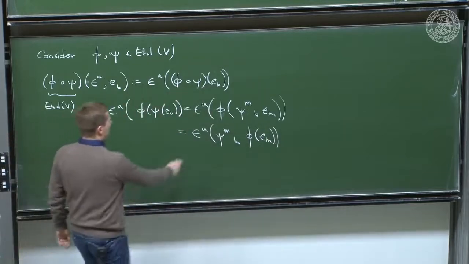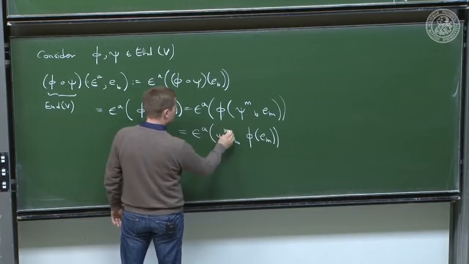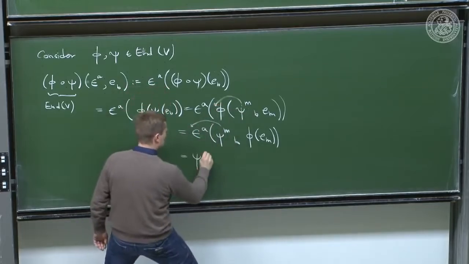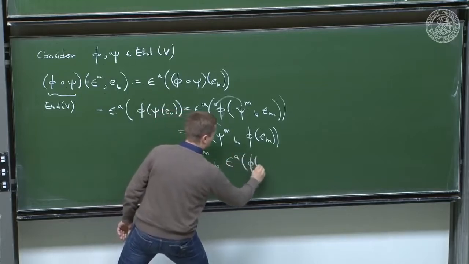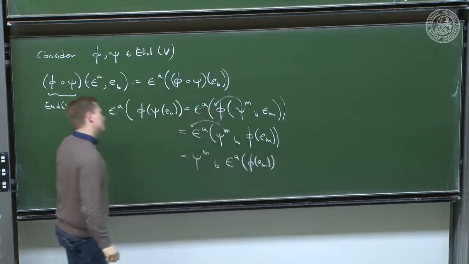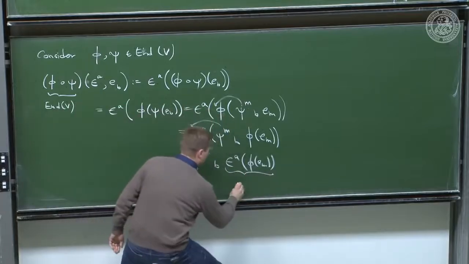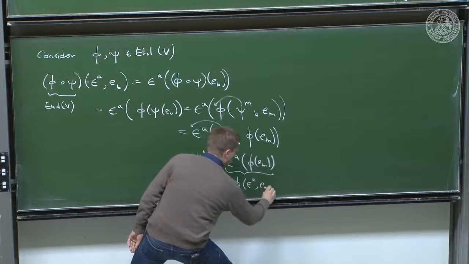But then epsilon^A is just a covector, so it's a map from vectors, it's linear. So again, you can pull out the numbers. So you end up with psi^M_B times epsilon^A of phi of e_M. But we said this epsilon^A of phi of e_M is just a way to talk about the corresponding components of the tensor phi, which has an epsilon^A and e_M.